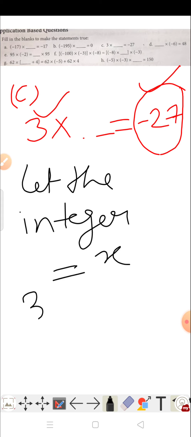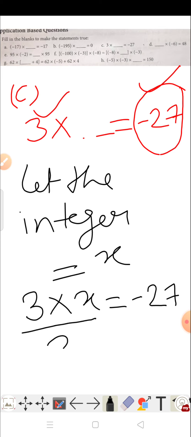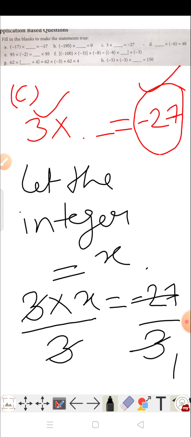Then what will happen beta? 3 multiplied by x is equal to minus 27. And we know that to find the value of x, we have to divide both sides by 3. If I divide this side by 3 and that side by 3, there is no effect. So 3 cancels 3, and minus 27 divided by 3 is minus 9.